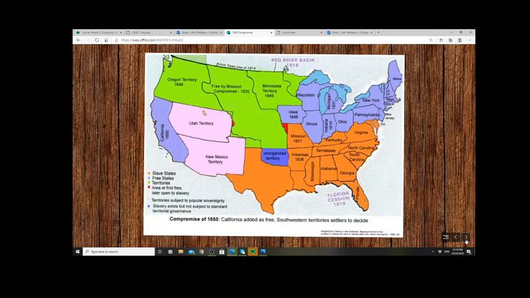So we're left with this map, last slide, the Compromise of 1850. We can see that California is now a free state. We can see that the other two large territories, the New Mexican Territory and the Utah Territory, are undecided. They're going to be split up at some point into smaller territories or states.